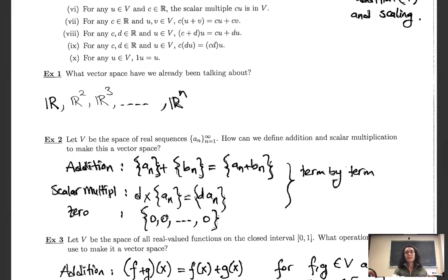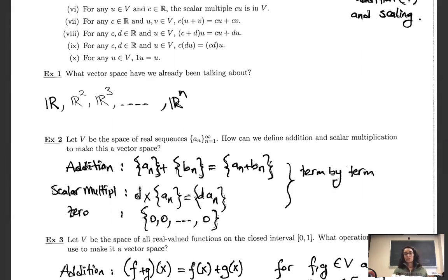Or we can think about the space of sequences here. Can you define an addition and scalar multiplication on this vector space? Yes, actually the addition can be defined like this: this is your sequence and this is another sequence. When you sum two sequences, it means again, sum term by term.